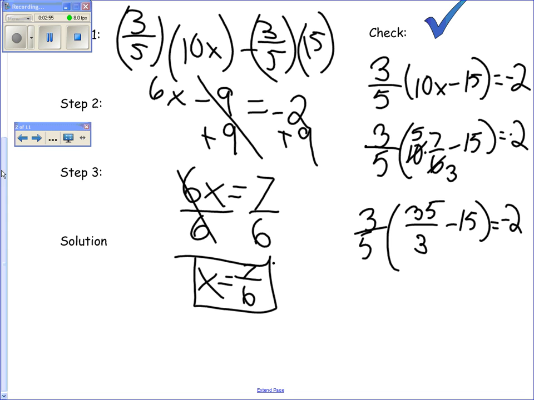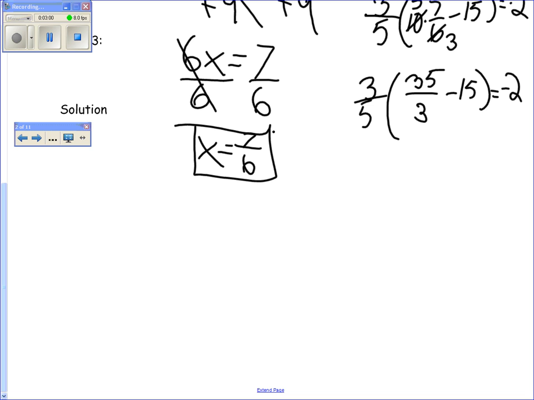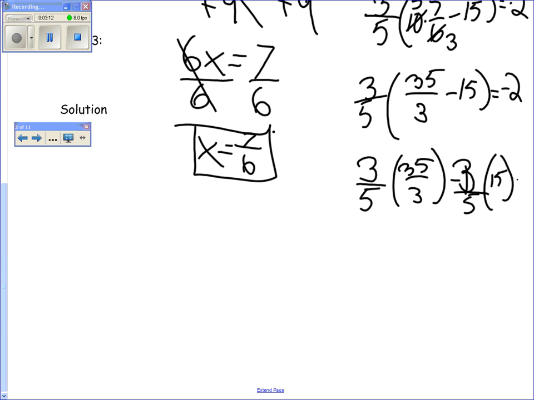Now I'm going to distribute the 3/5. So I'm going to multiply 3/5 times 35 over 3 minus 3/5 times 15. And again, I'm basically asking myself, does that equal -2?